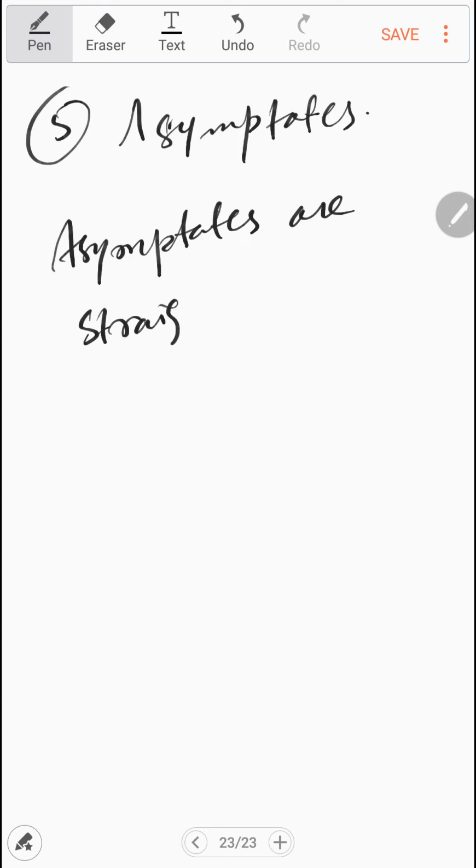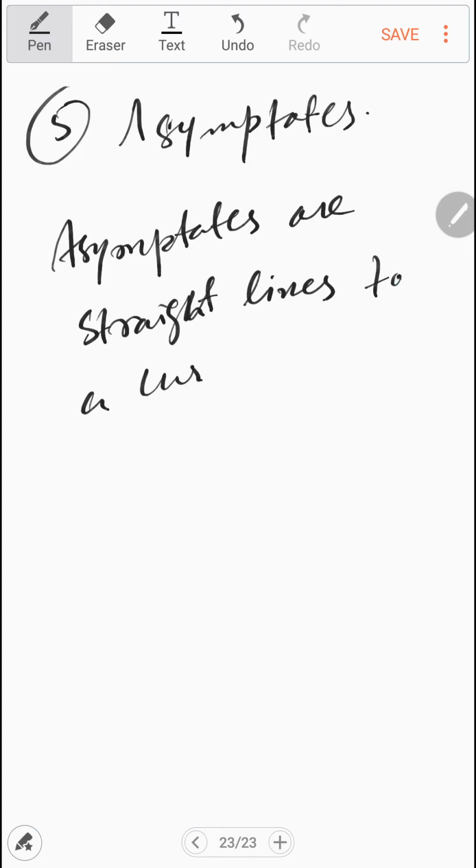So let us use this one also. Number 5 is the asymptotes. Asymptotes are straight lines which are tangent to the curve at some point. So, straight lines to a curve.